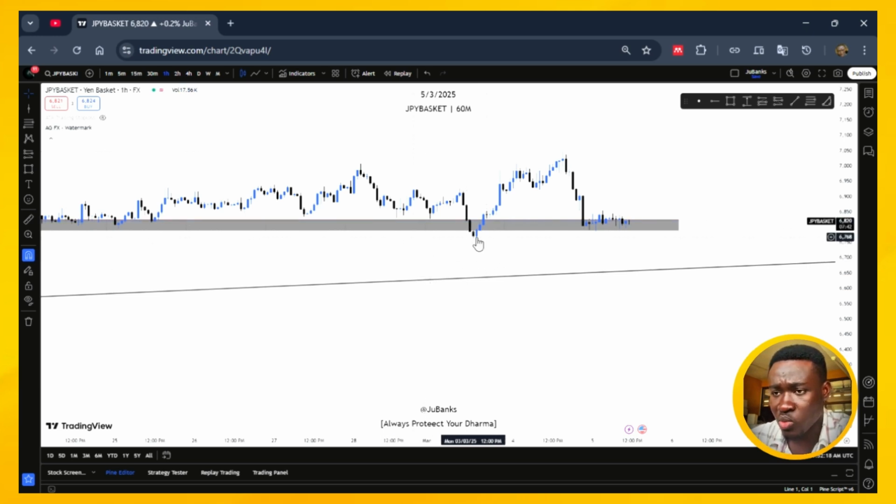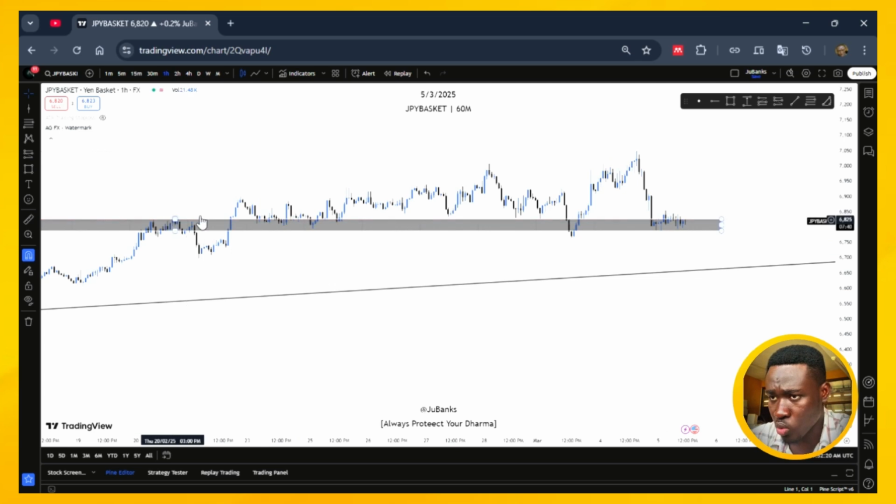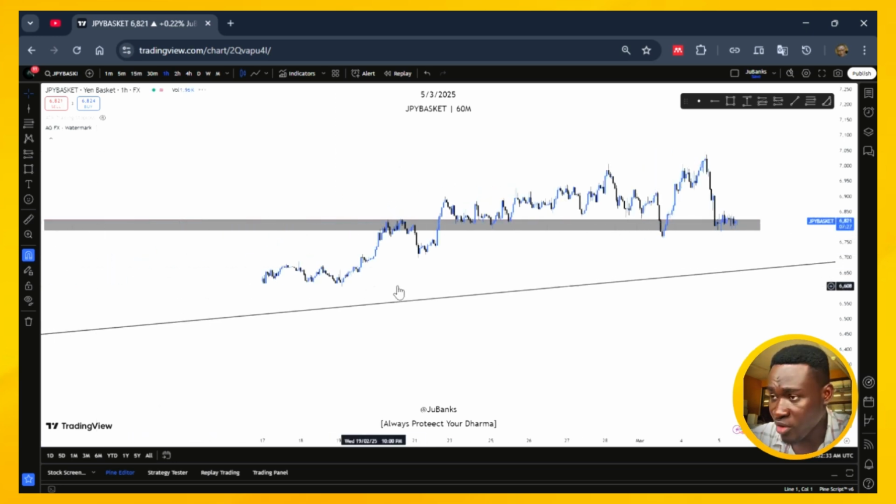Because I saw this was a very strong zone. Look, it tried so many times to break to the downside, but it couldn't, because this resistance that has turned support is very strong.